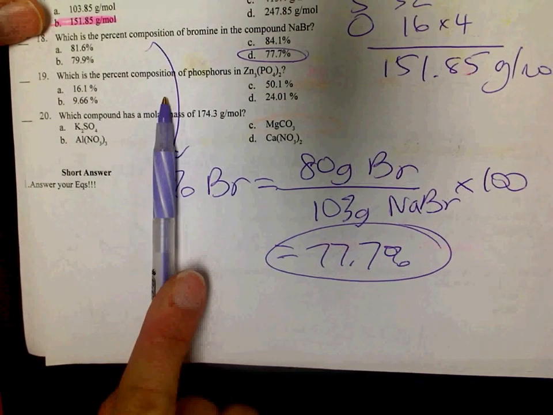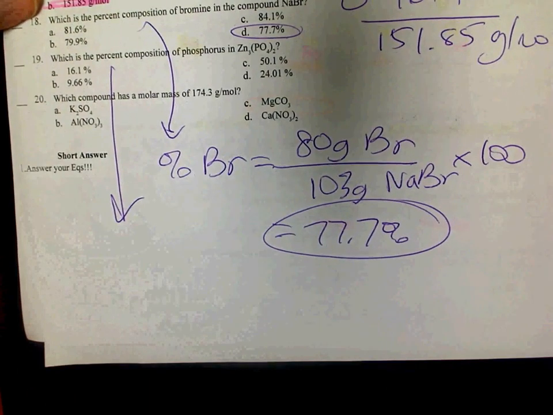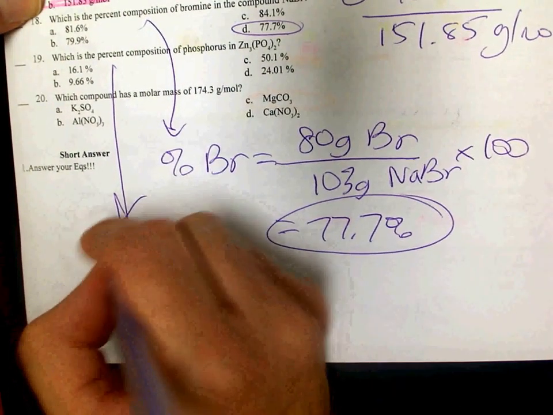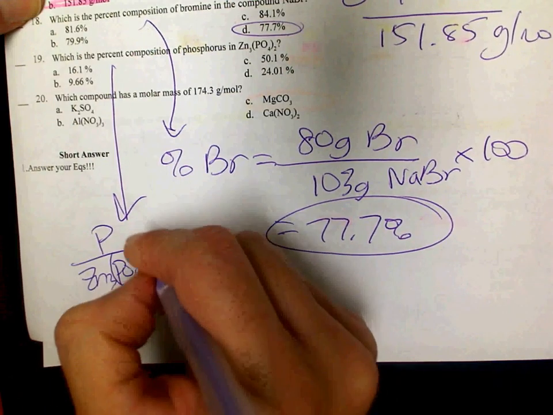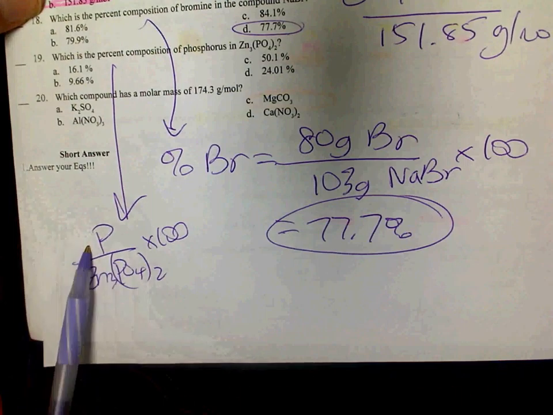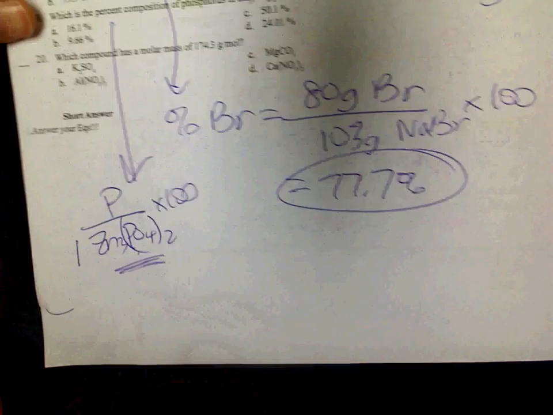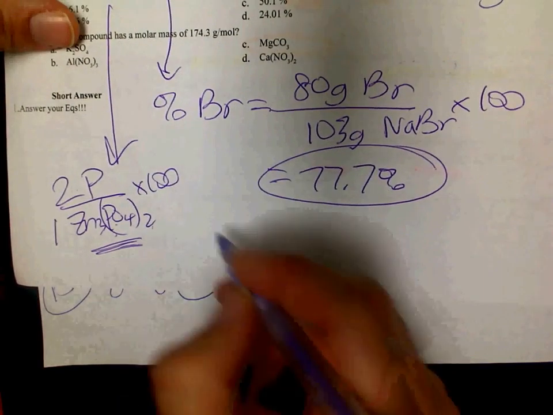19. What's the percent composition of phosphorus? You take the mass of phosphorus over the mass of zinc phosphate. Well, how many moles of phosphorus do you have in this compound, guys? 2.